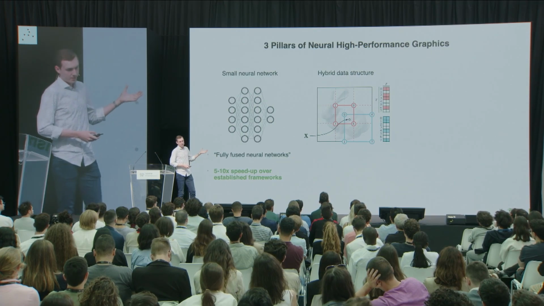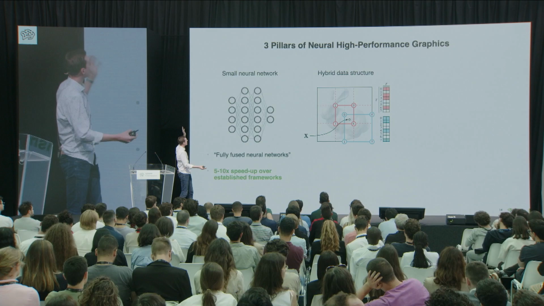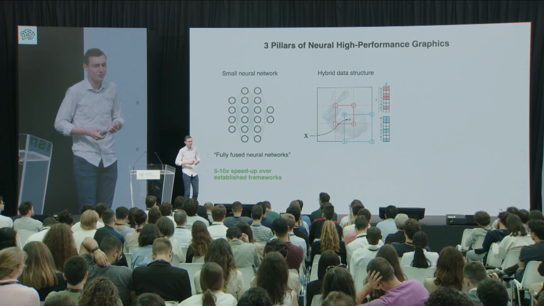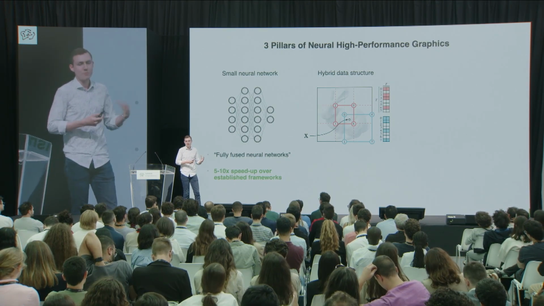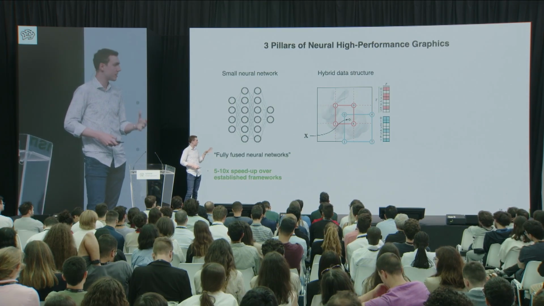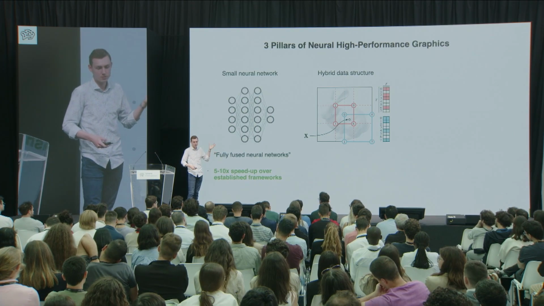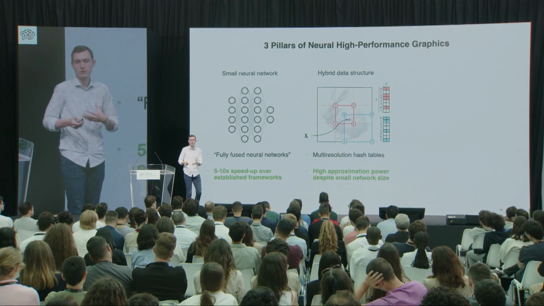The second pillar are hybrid data structures. And the reason we need those is that if you make your neural network much smaller, it's also going to be much worse at approximating the function that you want to approximate. So in order to combat that and give them back some of their approximation power, it actually makes sense to develop data structures that work in concert with the neural networks. And what we did specifically here, what I think is interesting to look at, is something called a multi-resolution hash table.